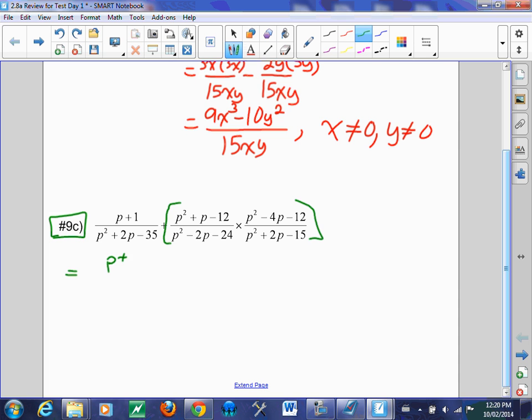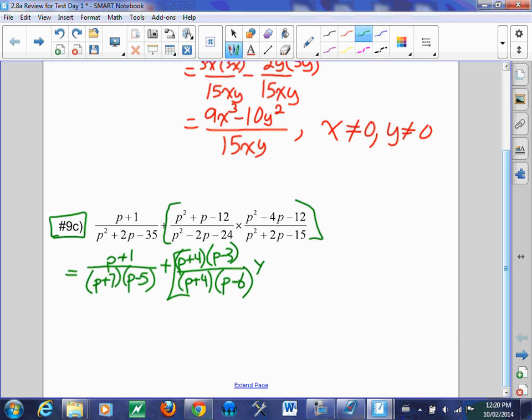So what do I have? If you want to factor everything on the side, you're going to end up with p plus 1 divided by, do a simple trinomial, you should have p plus 7 and p minus 5, plus, taking a look at my numerator in the second expression, p plus 4 times p minus 3, divided by p plus 4 and p minus 6.